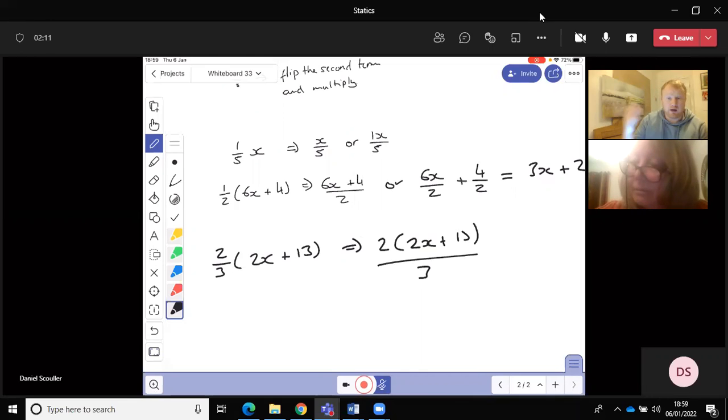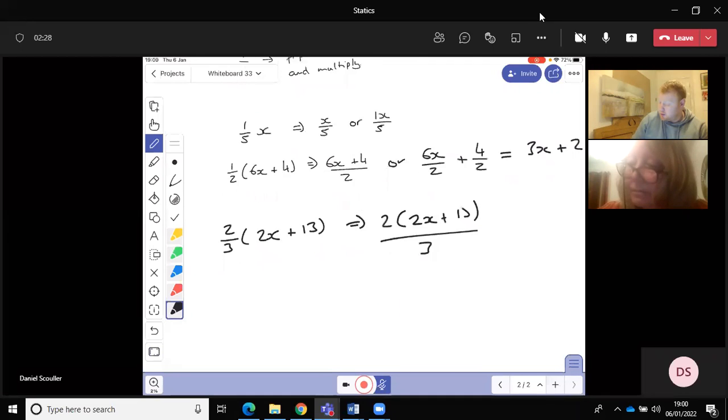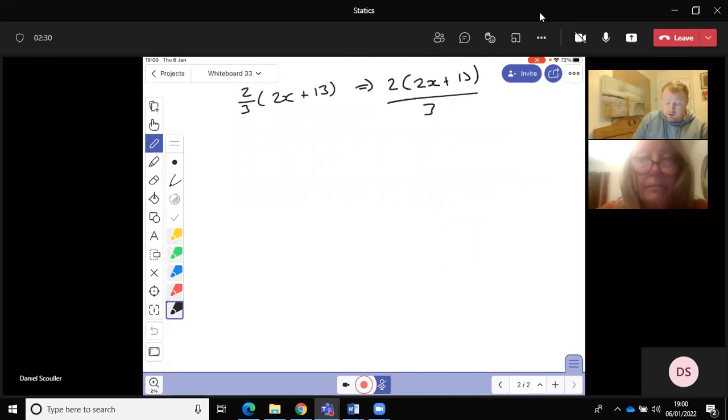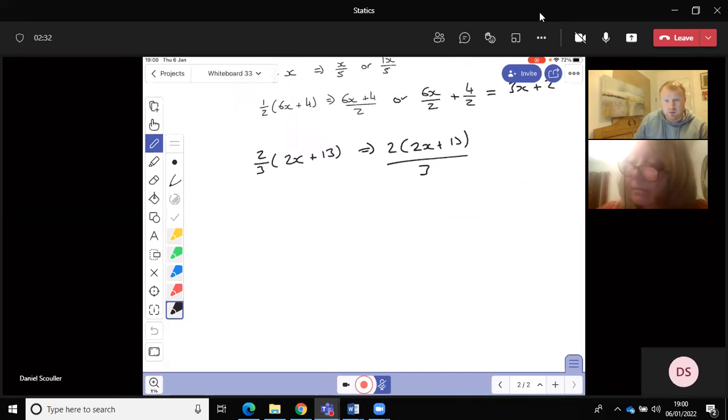So we get 4x plus 26 over 3, and then simplify that down. Just be aware there's lots of wee things. That was one of the questions that came up during the Christmas period, but it's a good one because it leads into where we want to be as well. So let's do a wee example of that.